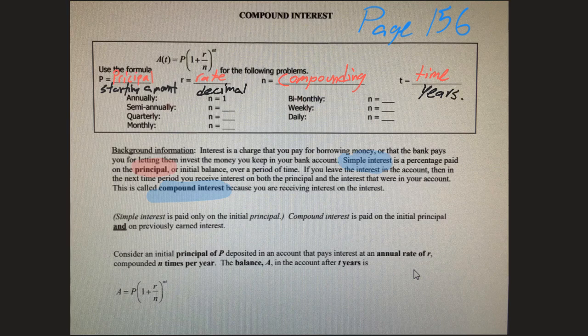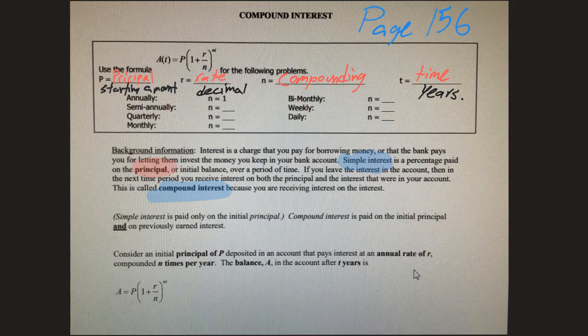So we know the principal, that's your starting amount, the rate, which is your percentage of growth as a decimal, the compounding period, which is how often we actually check our growth, and the time, which we measure in years. Underneath those variables, we've listed how often you're checking, that n value, and the different numbers we associate with it.